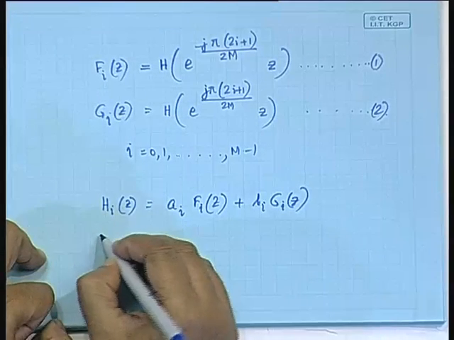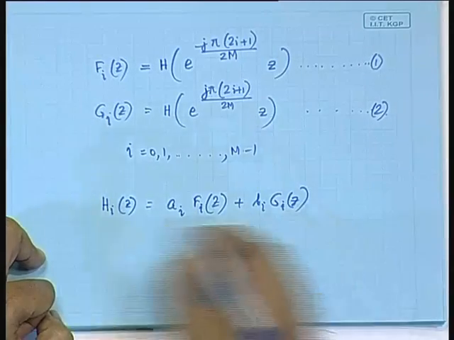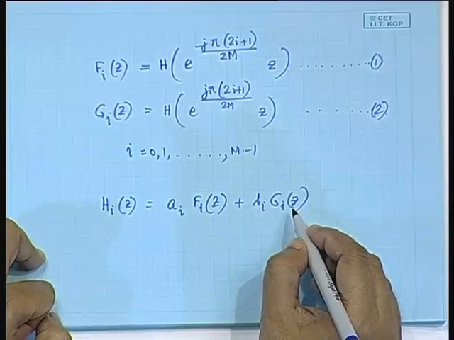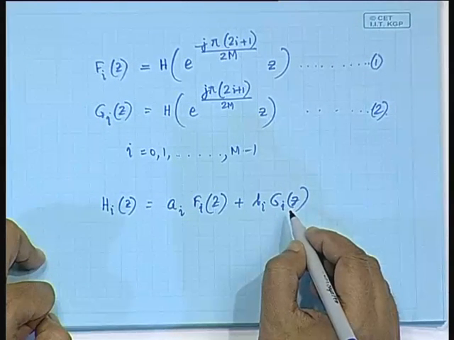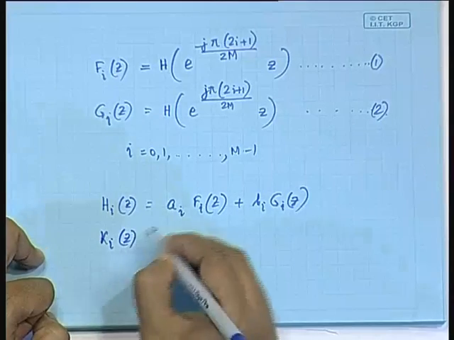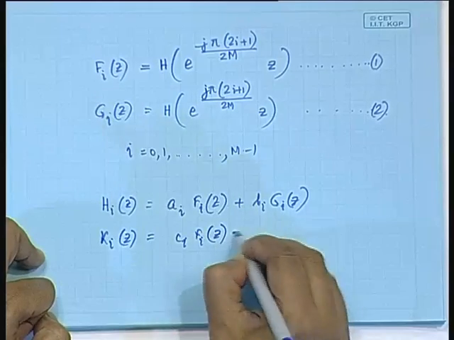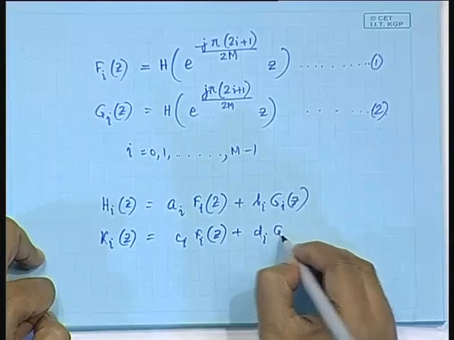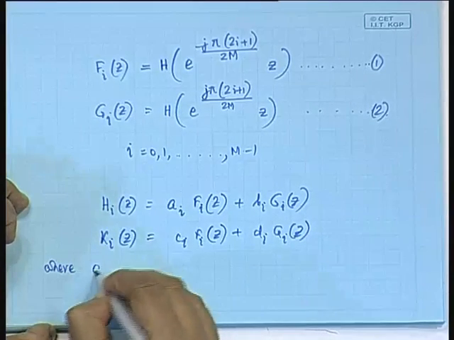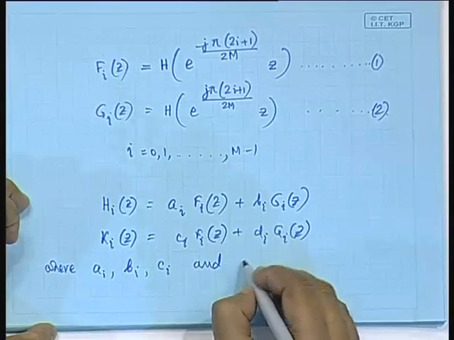So, this is the analysis transfer function Hi(z), the combined analysis function, and then we can also express the corresponding synthesis filter Ki(z) as ci Fi(z) plus di Gi(z), where ai, bi, ci and di are complex constants.